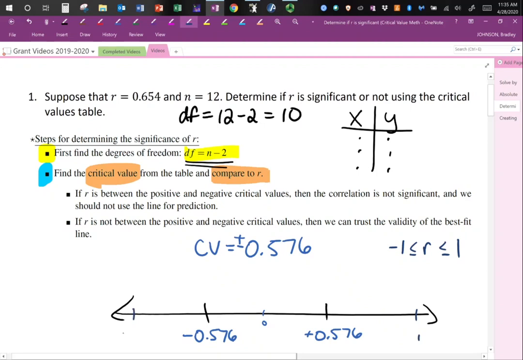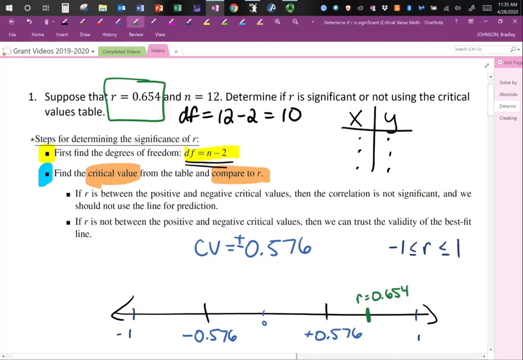So you can imagine that 1 and negative 1 is somewhere out here in the world. And let's mark where our value of R actually is. So our R value is somewhere over here because R is 0.654. It is greater than 0.576. So it's a little bit to the right. Okay, so I'll mark it there.